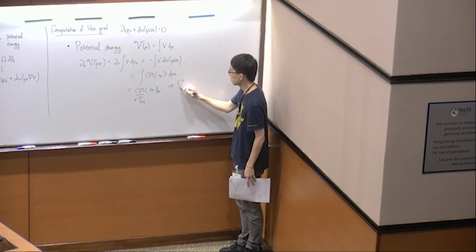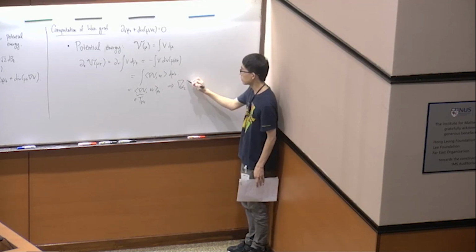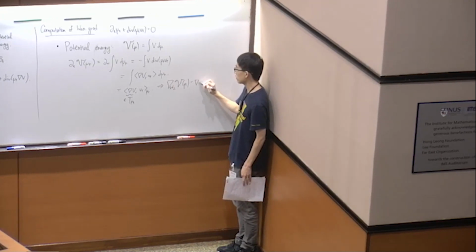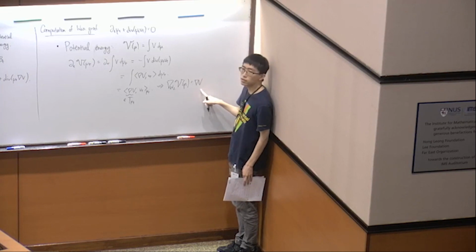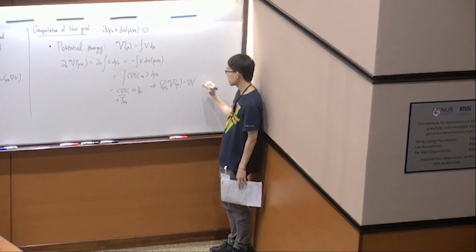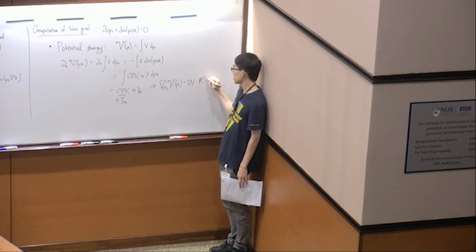So what we've done is we've shown that the Wasserstein gradient of this potential energy function is the following vector field. It's the Euclidean gradient of this potential energy function. And note that this is a mapping from R^d to R^d.